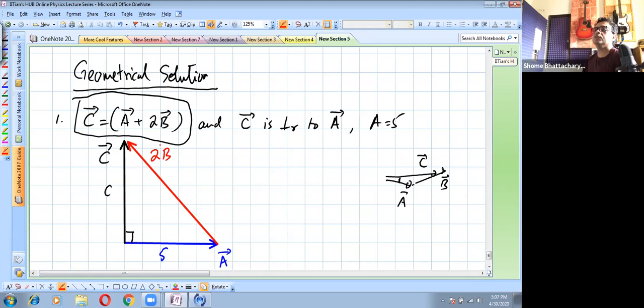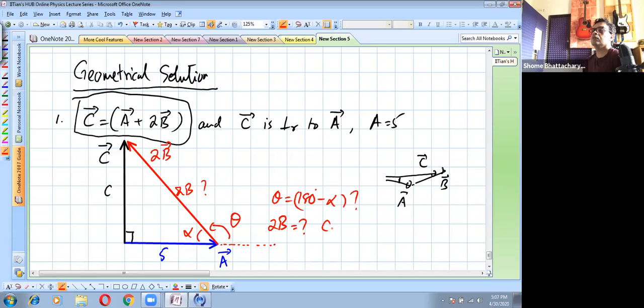So the vector 2B has a magnitude of twice of B, which we don't know. Okay. And it is making some kind of an angle with A, which will be this exterior angle, theta. Or let's say this interior angle is alpha. So theta, which is 180 minus alpha, is unknown. B is unknown. I mean, 2B is unknown, but basically B is unknown.